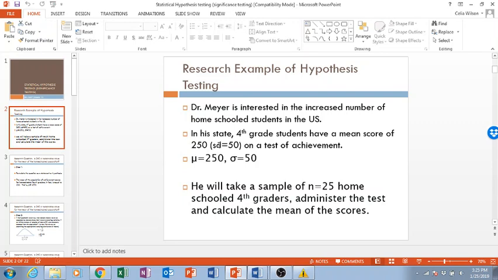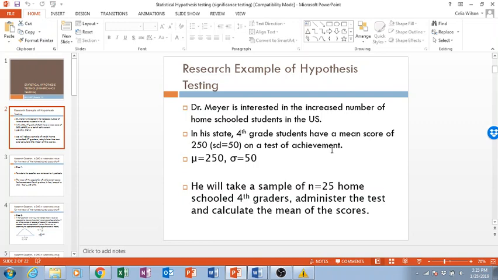Okay. Now, what he's going to do is take a sample of 25 homeschooled 4th graders, administer the test, and calculate the mean of the scores. Because he wants to know, are the homeschooled 4th graders scoring the same as just your typically educated, more traditional, I guess I'll say, like in the classroom type students, not homeschool students, okay?